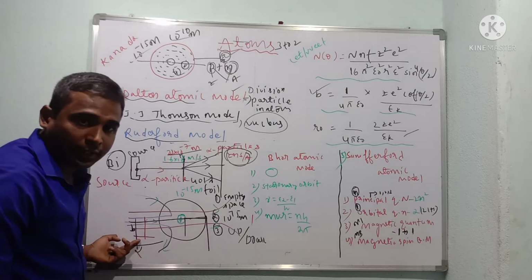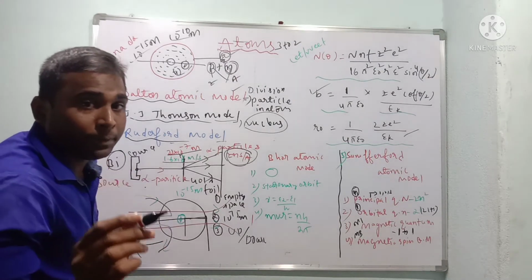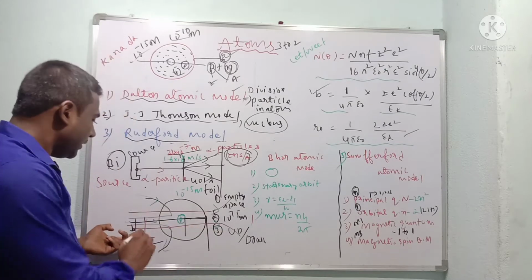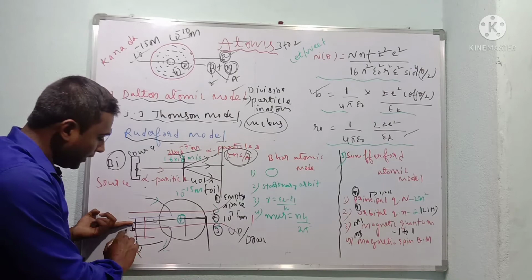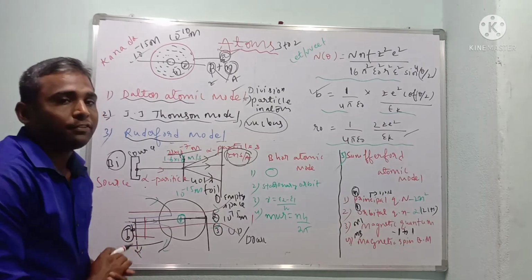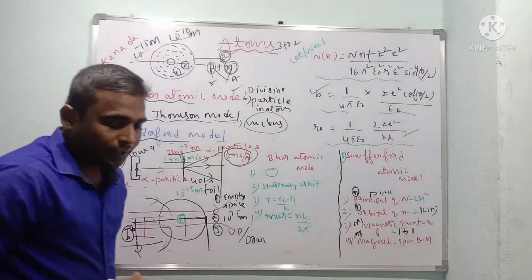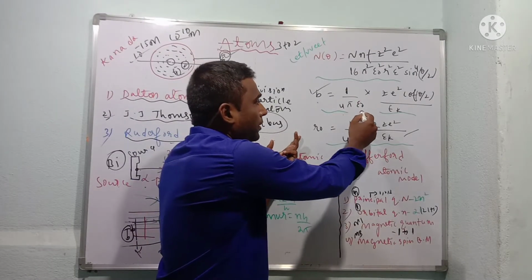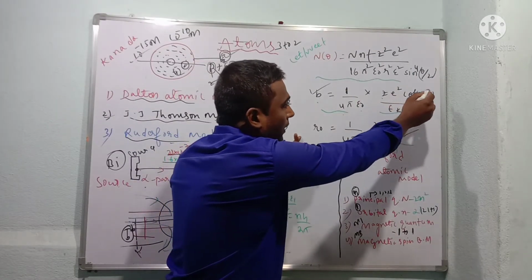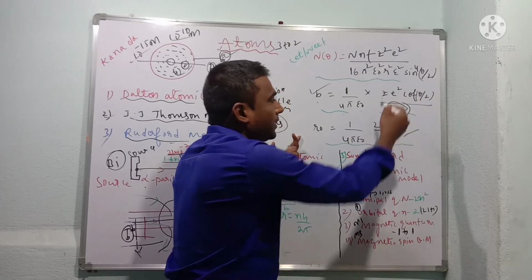Suppose here alpha particles are moving. The perpendicular distance between the central line of the nucleus and the alpha particle is called the impact parameter. And it is given by the equation b = (1/4πε₀) · Ze² cot(θ/2) / Ek.